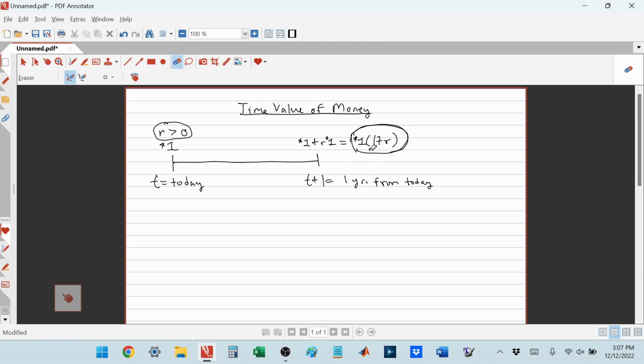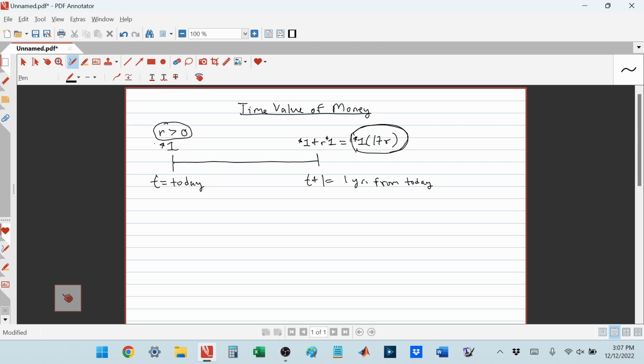So there's a time value to money, but the critical thing is only assuming that you can take the money you get and invest it at a positive interest rate. If you can't do that, then there is no time value to money.